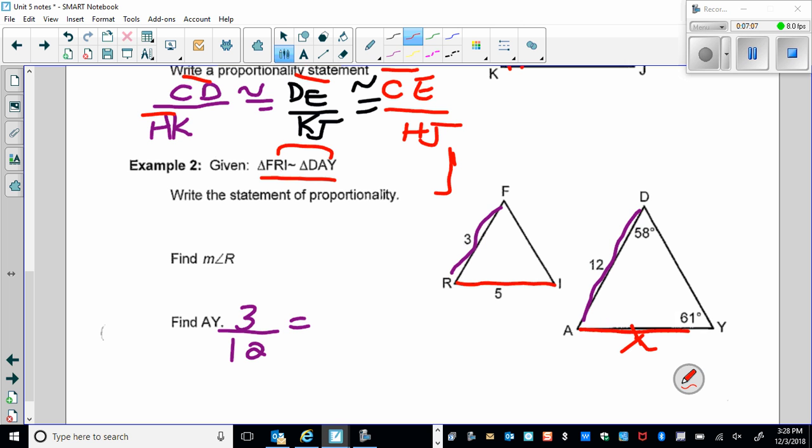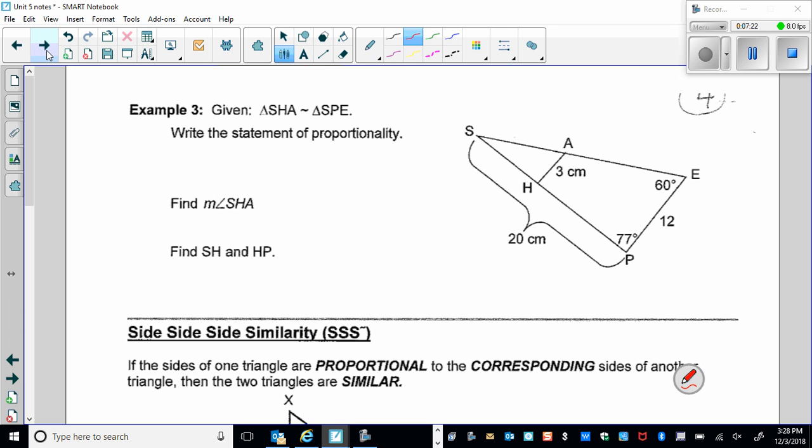So I can do 5 over X. So what is X? Cross multiply and then find it. Okay, so this is the first part of the notes.